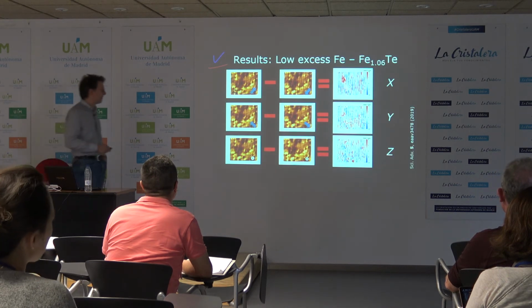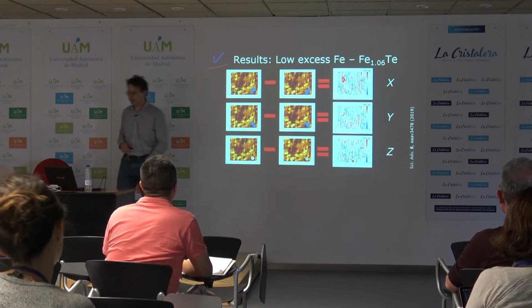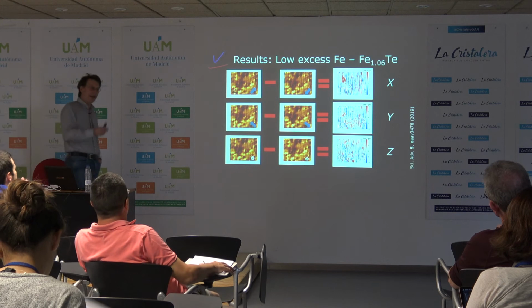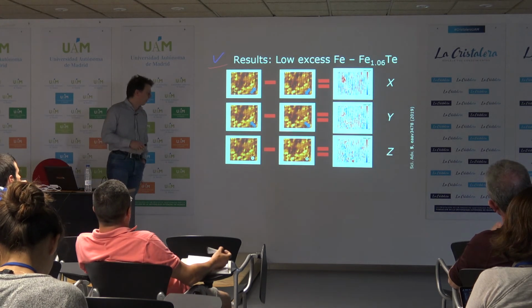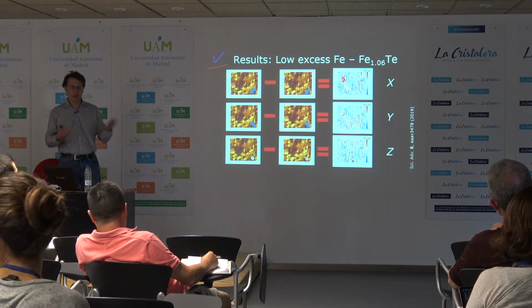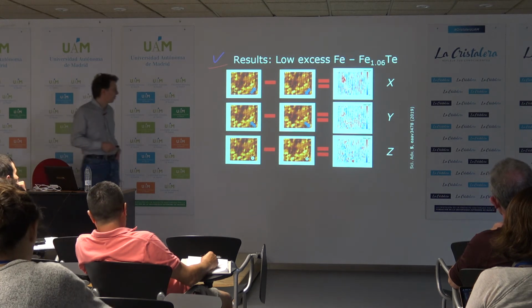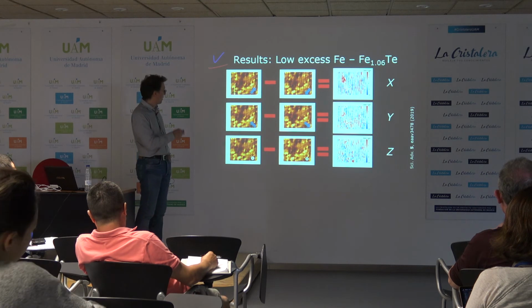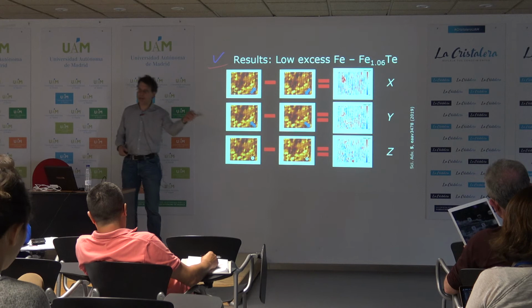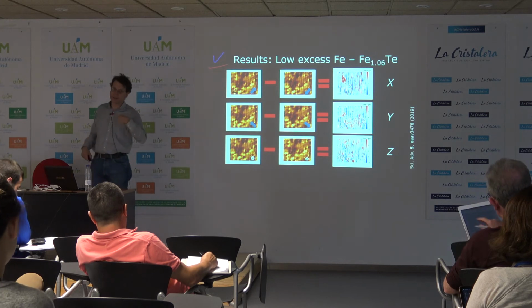Okay, so this is the data for low excess iron concentration. This is now a measurement where we use exactly the same tip and image exactly the same location on the surface, but now once in a magnetic field which is oriented in what we call the x direction. So what we do is we take an image where it's in the plus x direction and subtract an image where it's in the exact opposite direction, the minus x direction.